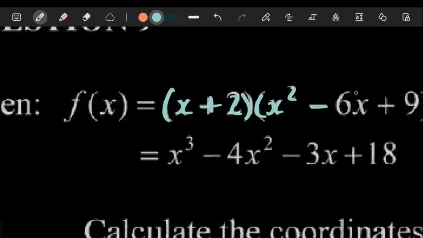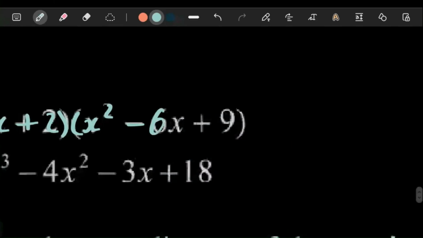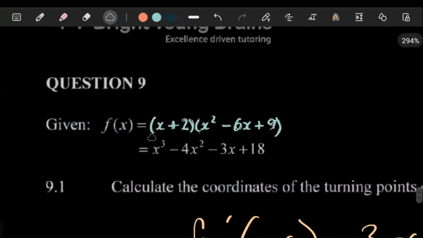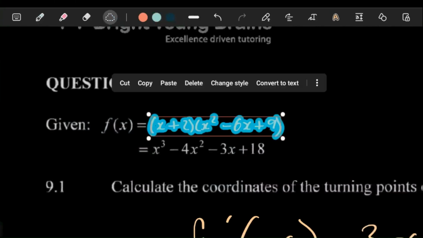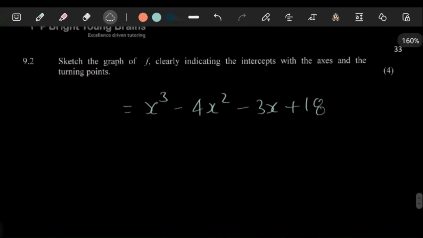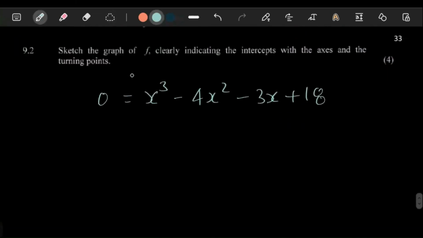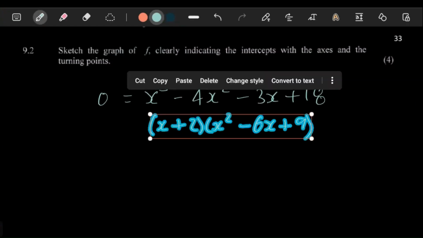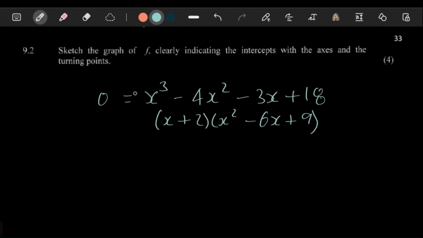We'll see if this other part can be factorized, but it looks like it can. From this expression, if you're going to make this equal to 0, we can see that they've already shown us that the first step, when you factorize it, is going to come out like this.